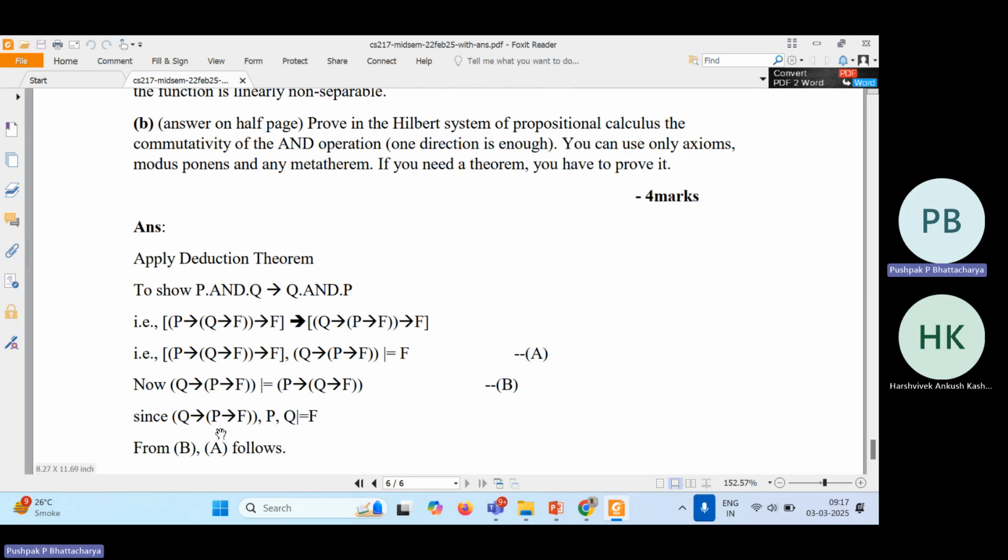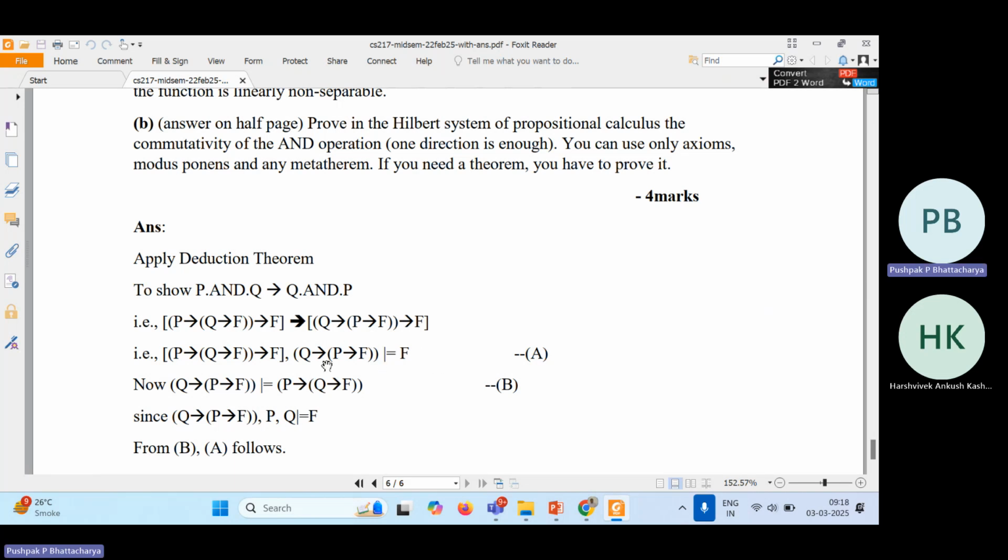So Q and Q implies (P implies F) gives you P implies F, and P and P implies F gives you F. So Q implies (P implies F) derives P implies (Q implies F). Now, if you use this in A, then F gets proved.